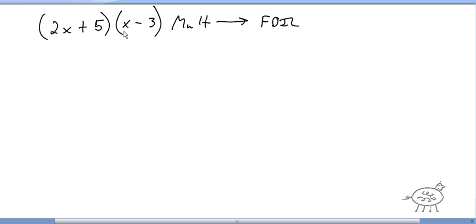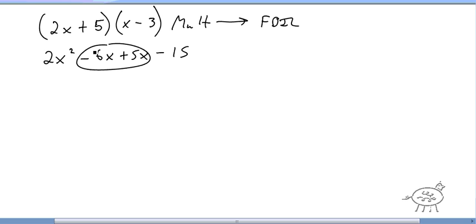So 2x times x is 2x squared. 2x times negative 3 is negative 6x. 5 times x is plus 5x. And 5 times negative 3 is minus 15. Most of the time it's going to be those middle terms that you can combine. So you get 2x squared minus x minus 15. That's your answer. All right, pretty easy.